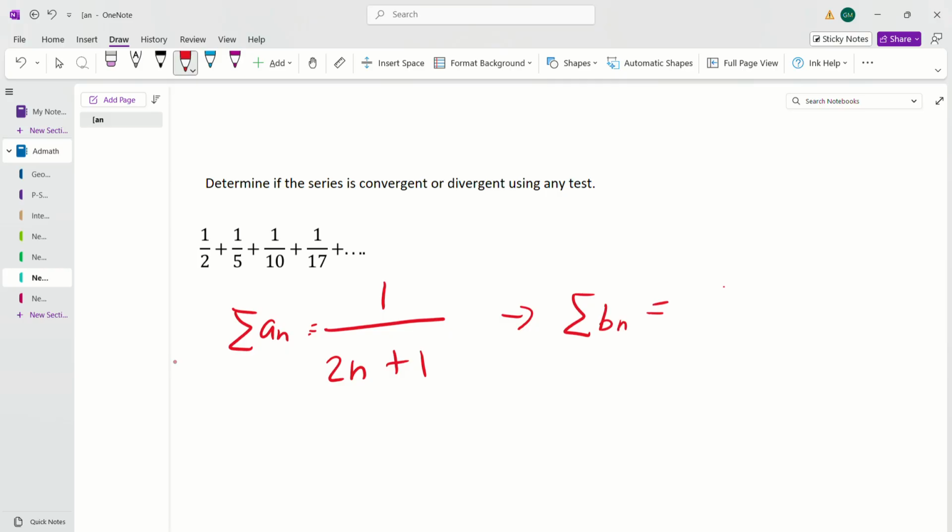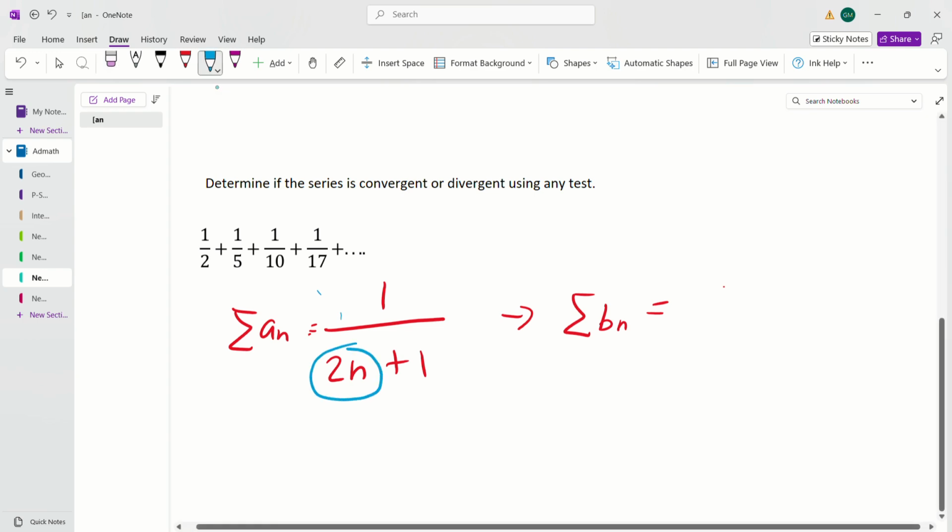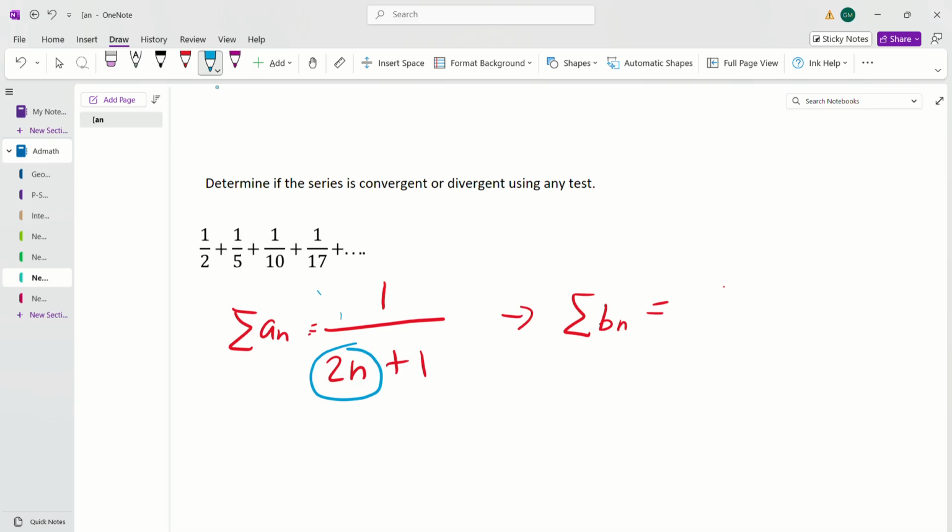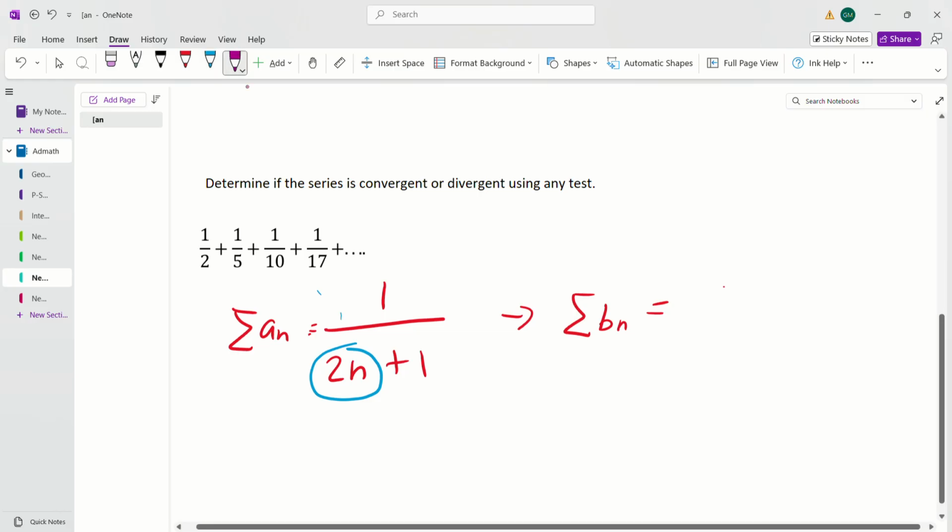So how do we do that? Let's analyze our a sub n, the summation of a sub n. If n here, or this 2n, increases or gets bigger, the plus 1 can be disregarded.